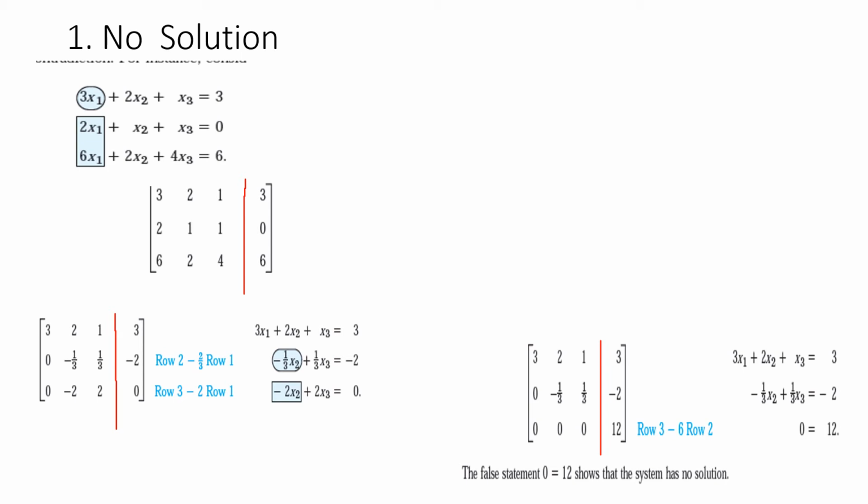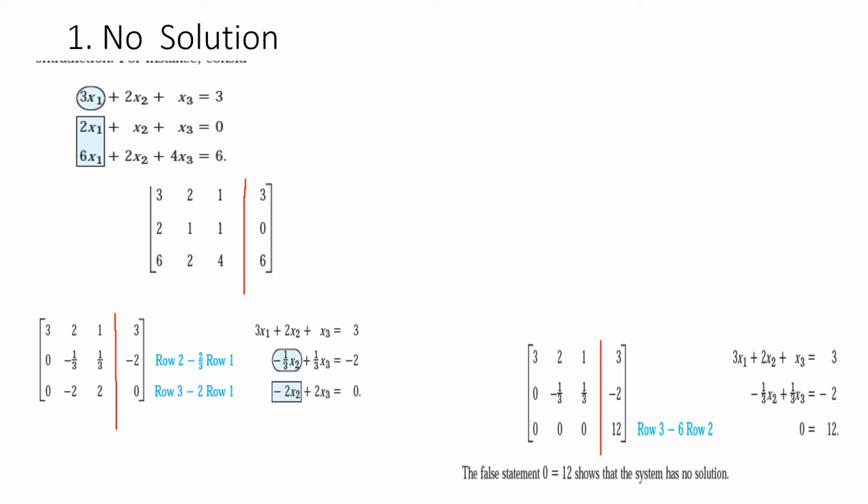After performing the row operation row 3 minus 6 row 2, we get a matrix with all zeros in the last row, 3 zeros and 12. From this we get three equations: 3x1 plus 2x2 plus x3 equal to 3, minus 1 by 3 x2 plus 1 by 3 x3 equal to minus 2, and 0 equal to 12.